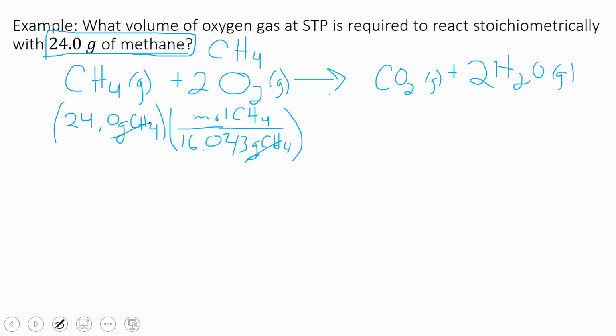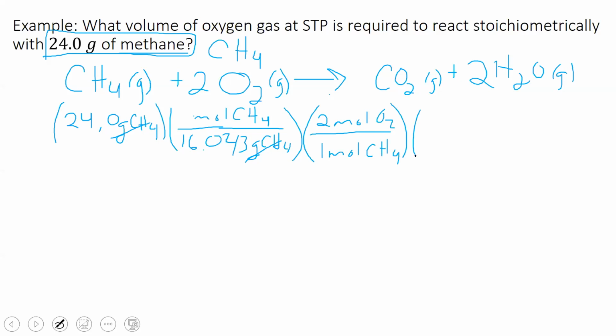And I'm just going to directly go into the next part of the calculation, because if our units are in moles of methane here, we can convert to moles of oxygen by the mole ratio. So we know that for every 1 mole of methane that gets used, we use 2 moles of oxygen.